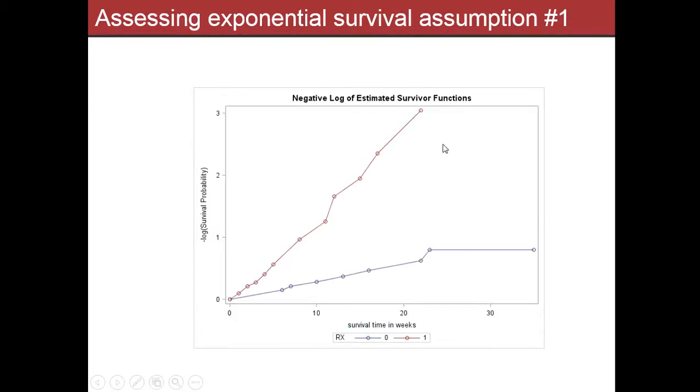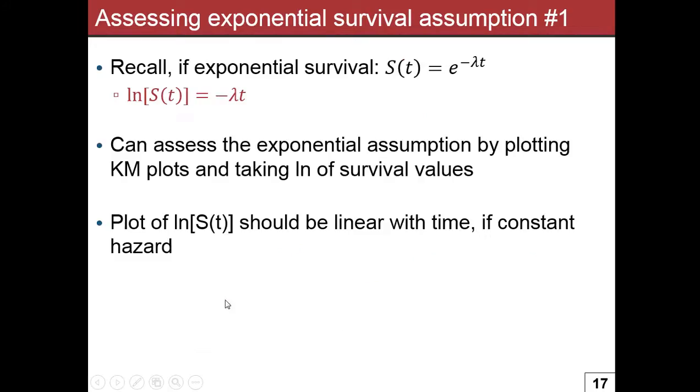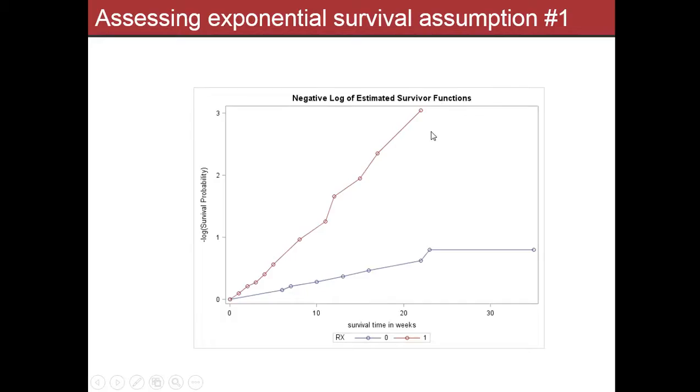If this is curved or otherwise funky, then it is a violation of the constant hazards assumption, the exponential survival assumption. Why does this go through 0? There's no intercept. This is a line with no y-intercept. It's just got a slope, and the slope is lambda.